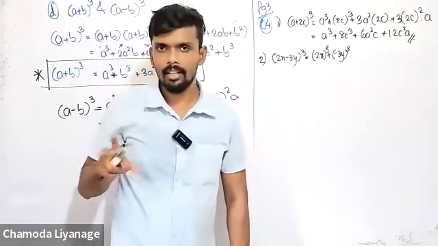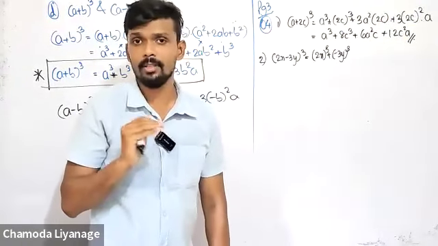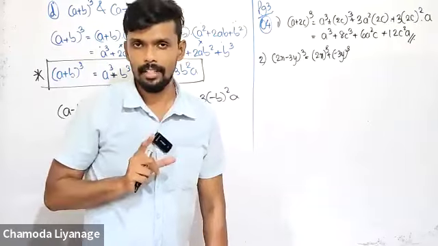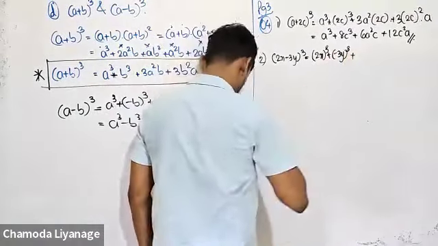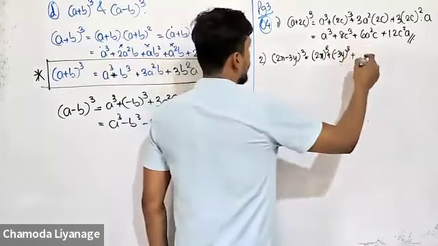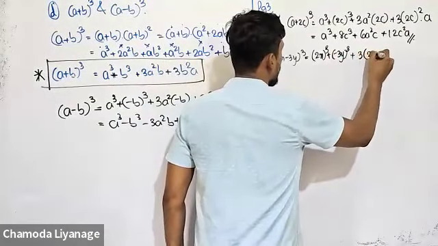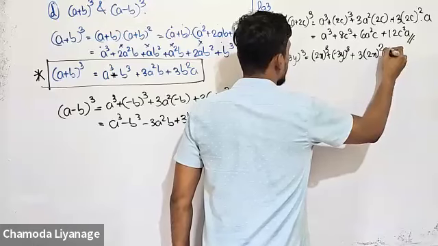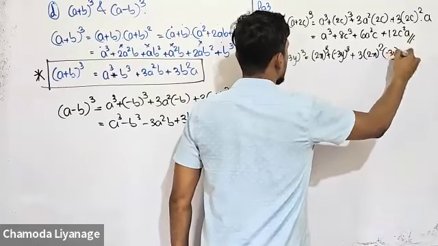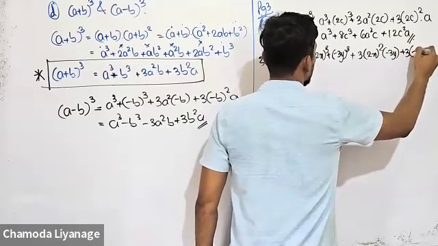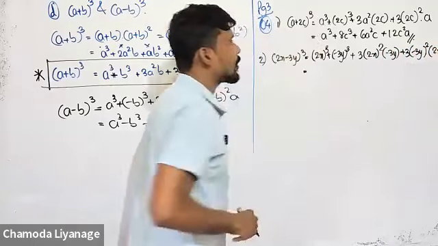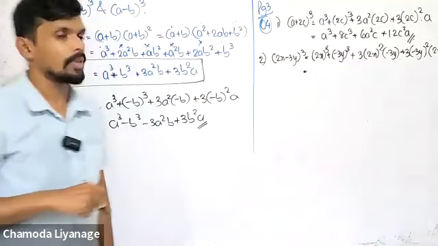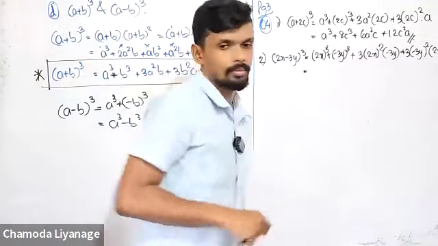After the simplification part, you can put the final sign, right? Minus 3y cube plus 3 times 2x squared into minus 3y plus 3 times minus 3y squared into 2x.